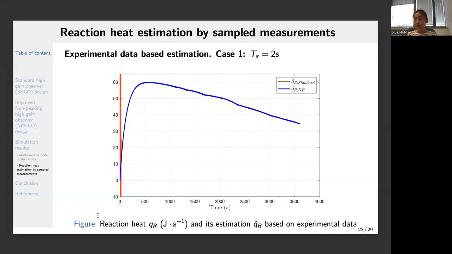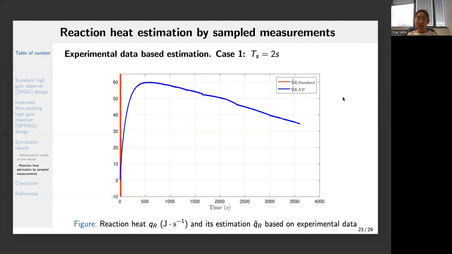And here we only have 2 colors because unfortunately we cannot get the reaction heat in the real experiments. But we have proved that the observer can well estimate the reaction heat for the model.